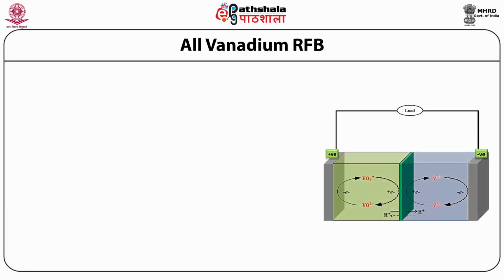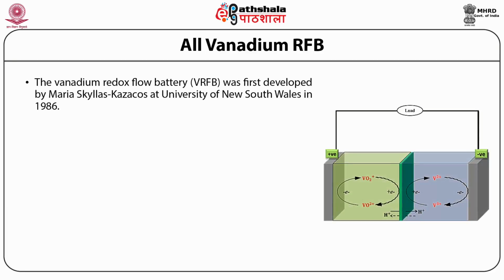All vanadium RFB. The vanadium redox flow battery, VRFB, was first developed by Maria Skyllas-Kazacos at the University of New South Wales in 1986. A schematic of the VRFB has been shown in the figure below.